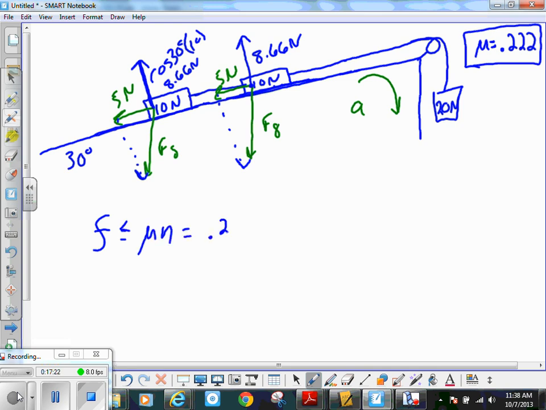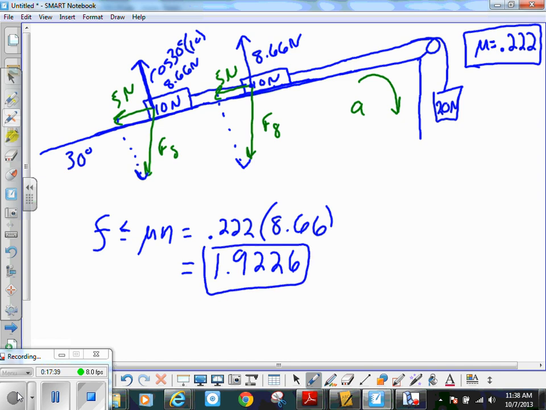In this case it is 0.222 times 8.66, which friction then on each block ends up being 1.9226. Okay, so now we know without a doubt, since the 2 frictions plus the 2 5 newtons downwards are not going to equal 20, that this thing is going to accelerate.